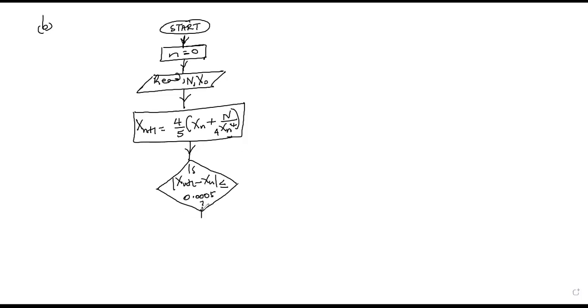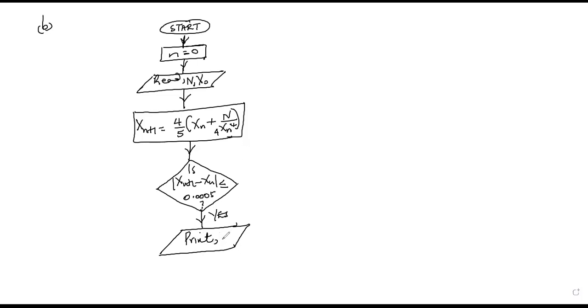So if it is a yes, we shall print. And what are we told to print? We are told to print the 5th root of n.